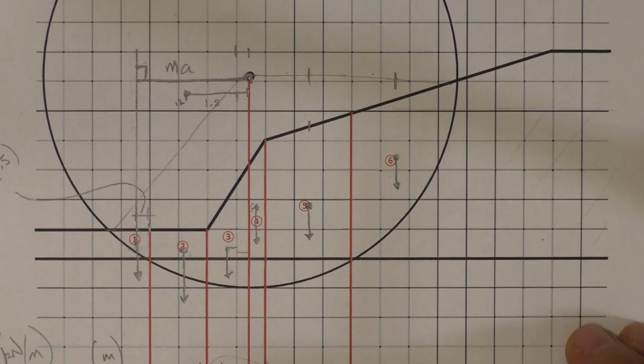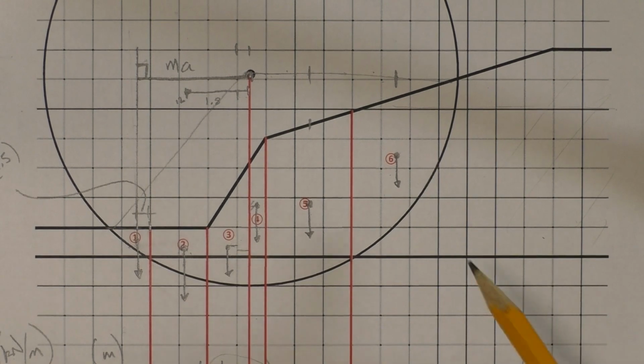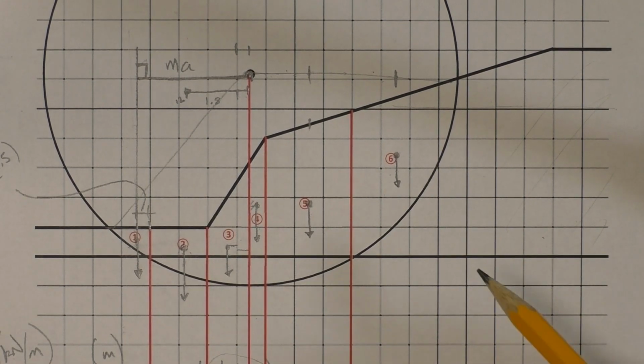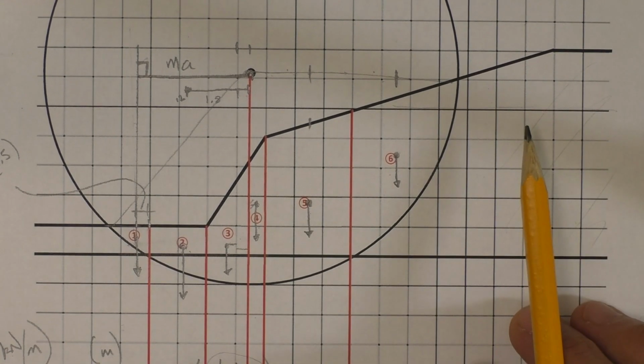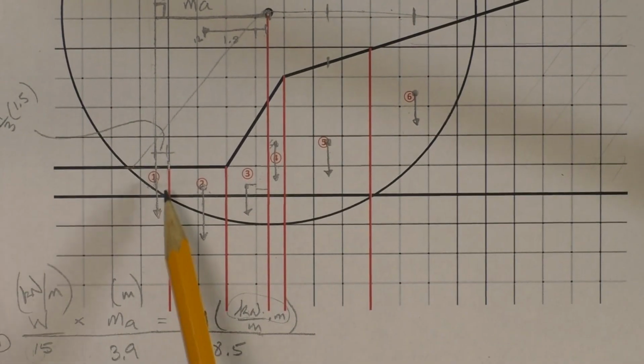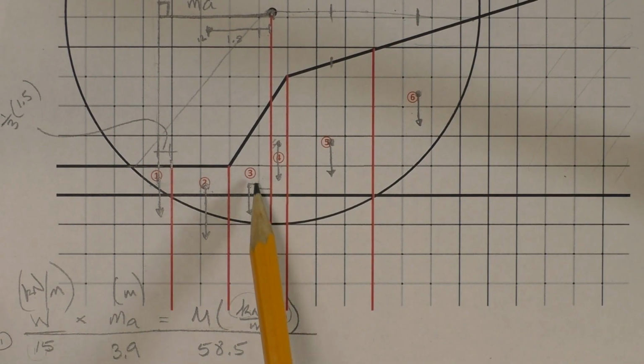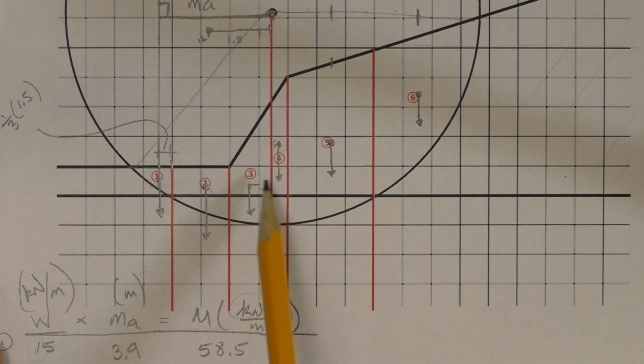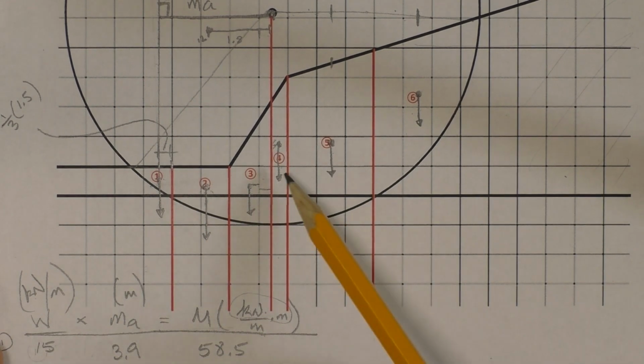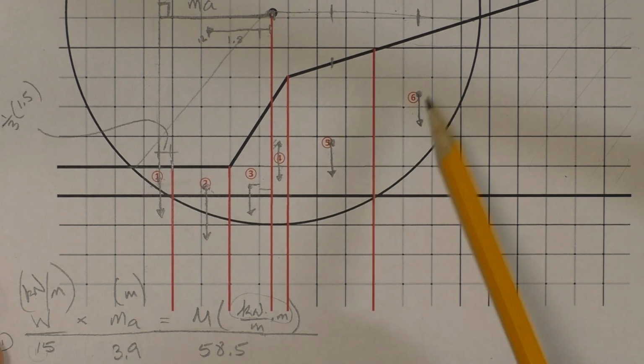So the geometry of this problem and the circle that we drew reveal the following. Slice 1, slice 2, and slice 3 are actually resisting slices. They're there to help prevent the movement of 4, 5, and 6. These are the driving slices. Why?